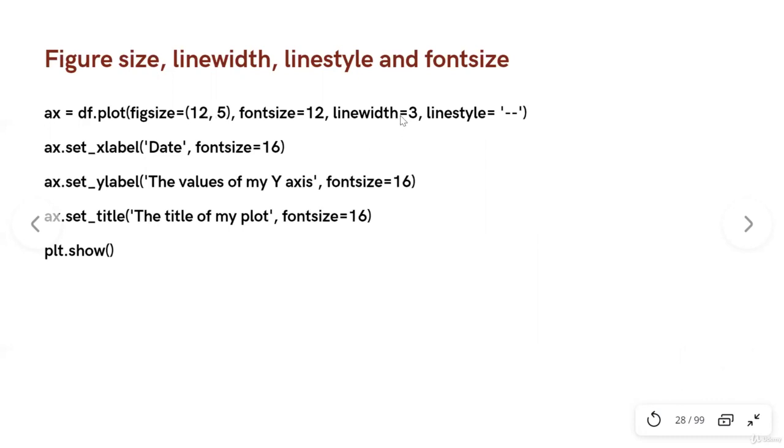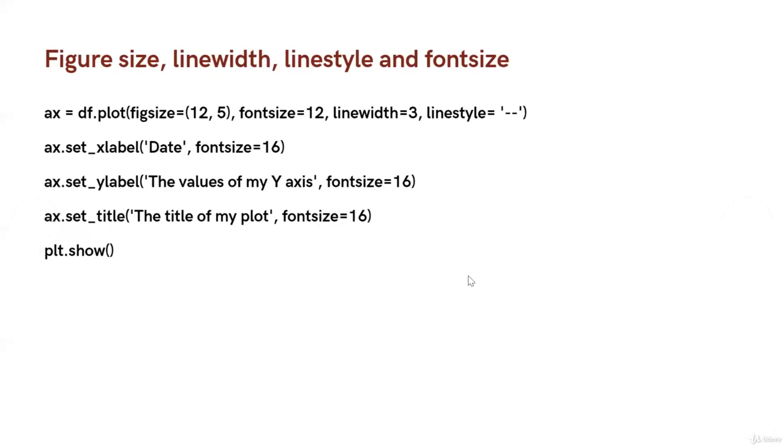And then the labels. So the X label that you want to set or the Y label, and then the title. While placing the X label, Y label, or the title functions, you can also mention the font size in which you want to show the title on the plot.